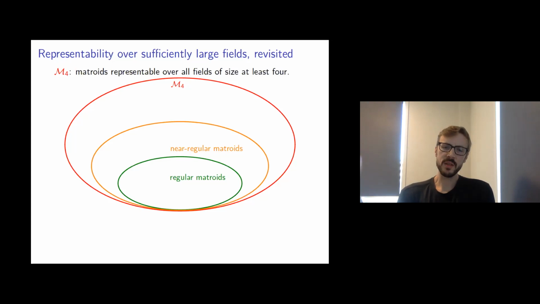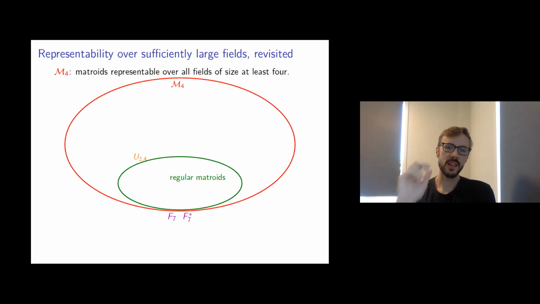If you were to try to find the excluded minors for near-regular matroids, which has already been done, what you can do is start by looking at the characterization for regular matroids, and you'll find either the excluded minors are not near-regular, or perhaps not representable over all fields of size at least 4 as well, or you'll find that they are.